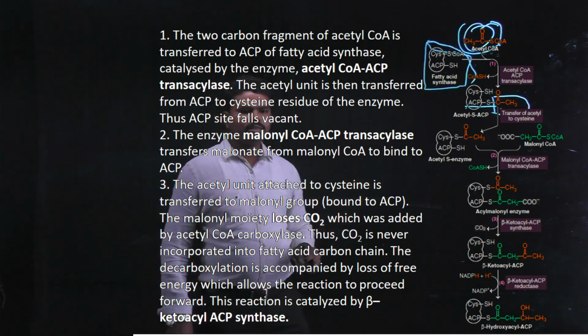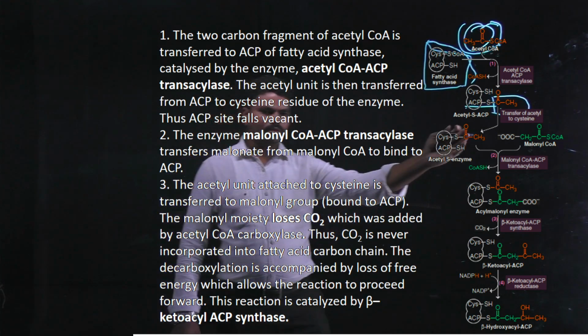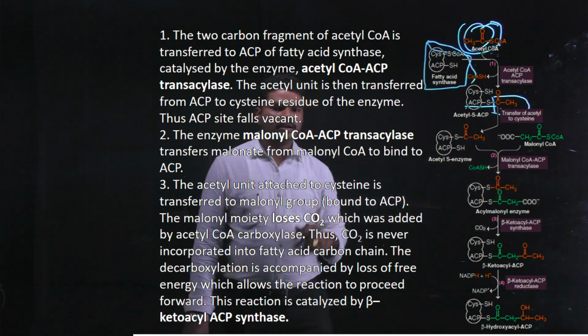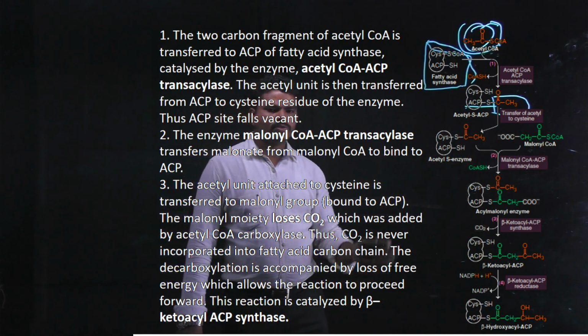For that reason, the carbon dioxide is never incorporated into the fatty acid carbon chain. The decarboxylation is accompanied by the loss of free energy, and the carbon dioxide removal drives the process forward.